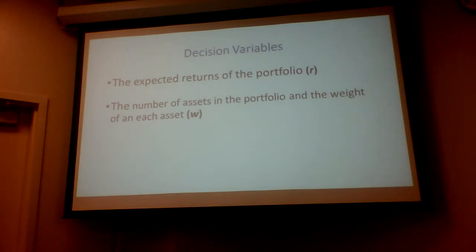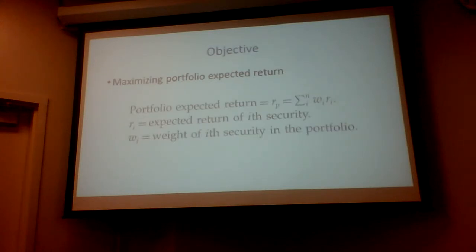The decision variables are the expected returns of the portfolio, the number of assets in the portfolio, and the weight of each asset. Portfolio optimization is a key component in portfolio management. The objective is to identify risk-return trade-offs of the portfolio by maximizing the return.